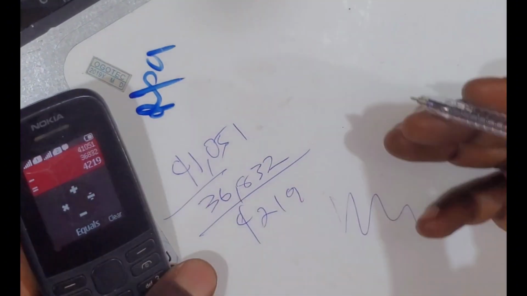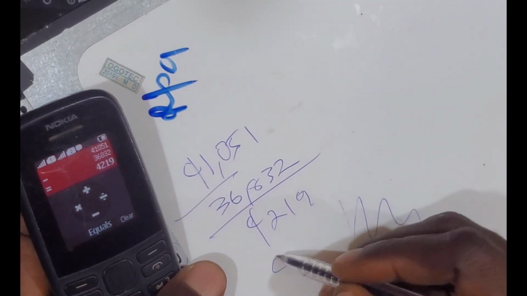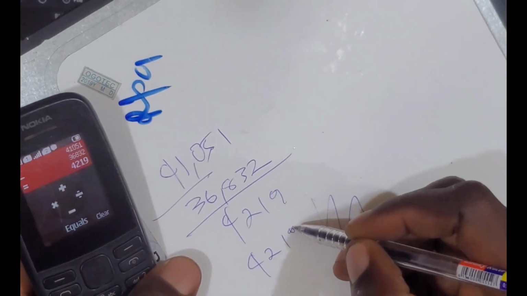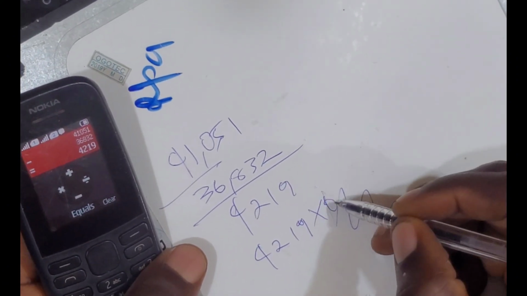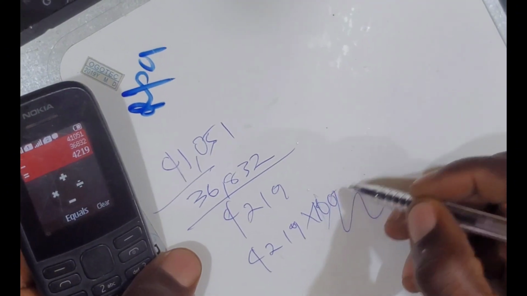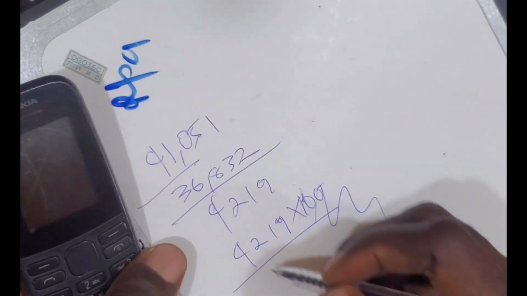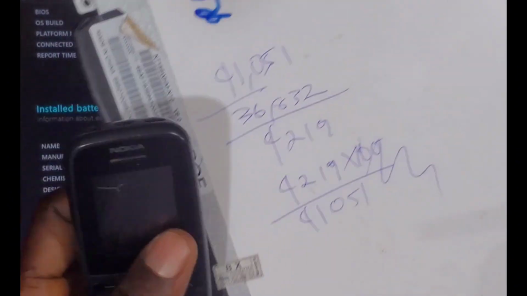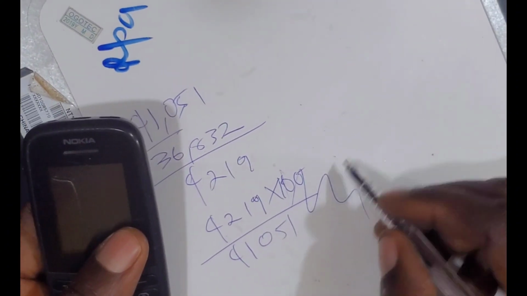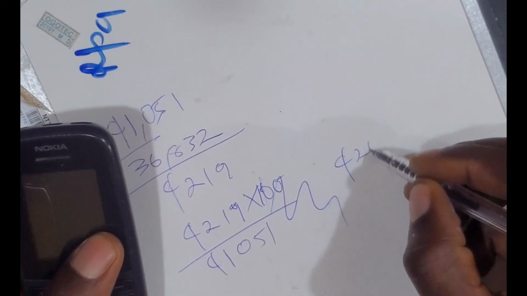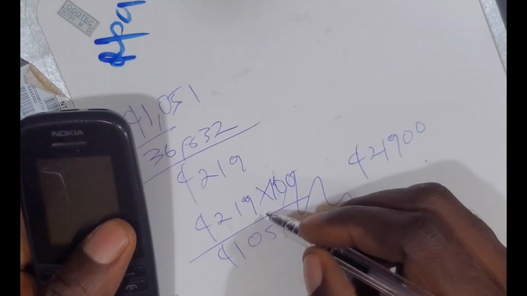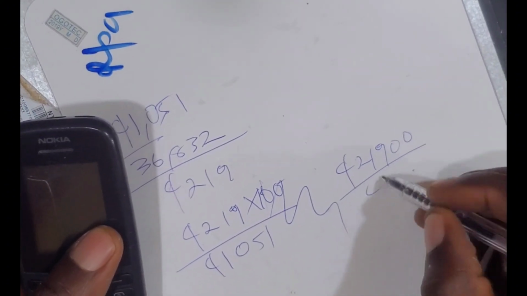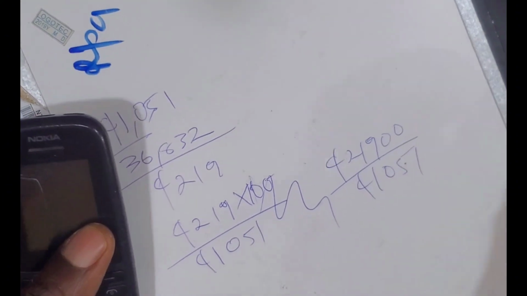Basically what I'm going to do is multiply this 4,219 times 100, that is 100%, divided by this 41,051. So it's going to be 4,219 times 100, of course, divided by 41,051.